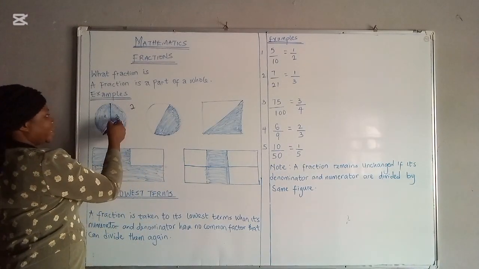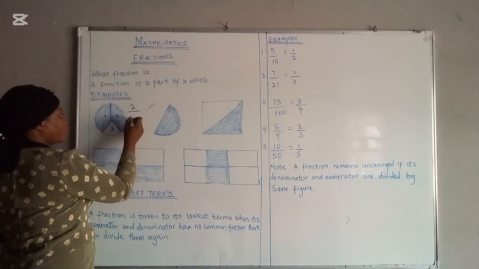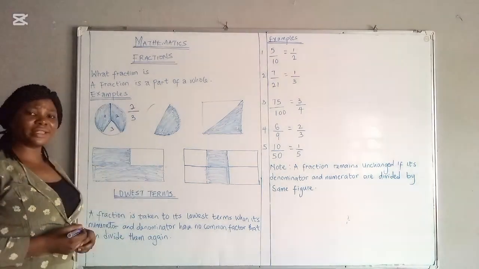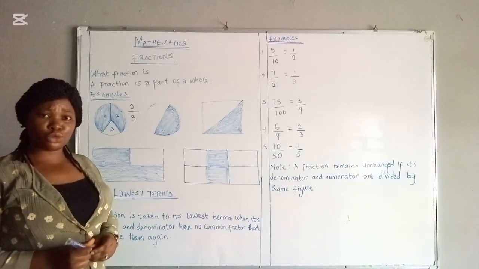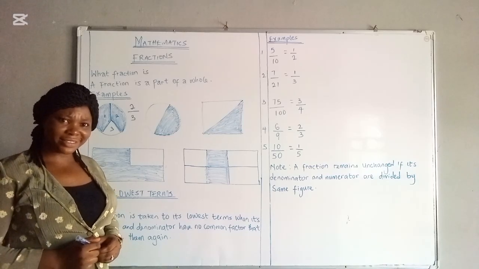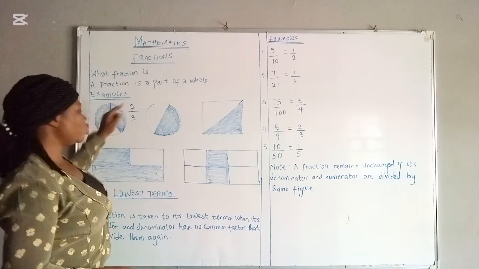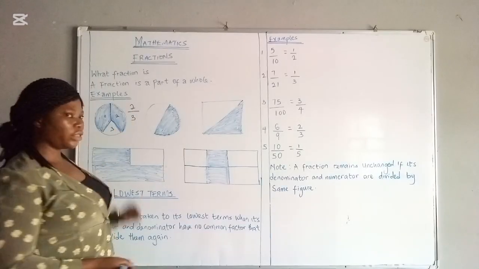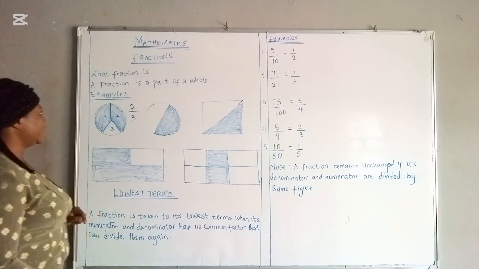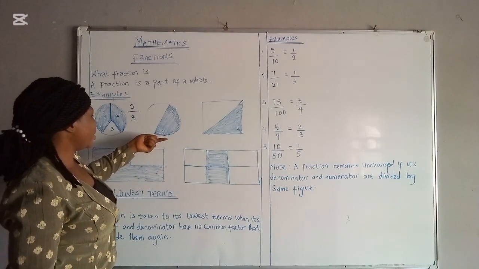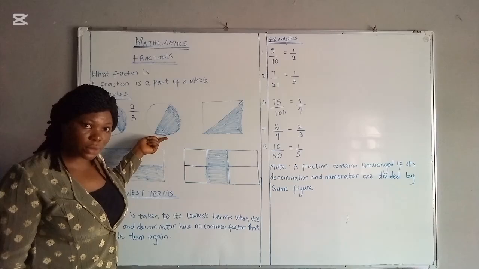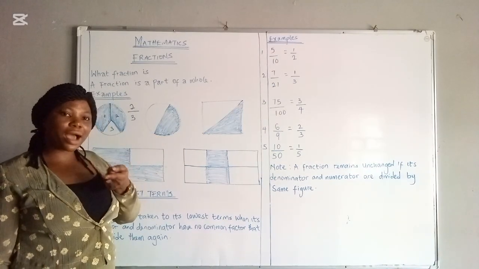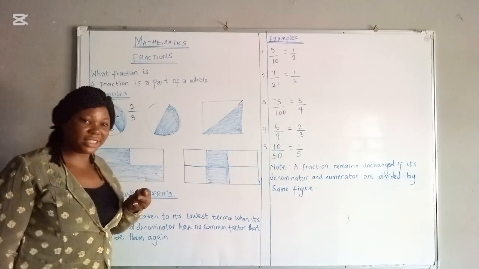That is, 2 parts are shaded out of 3. So 2 over 3 means 2 out of 3. We can also write it as 2/3.